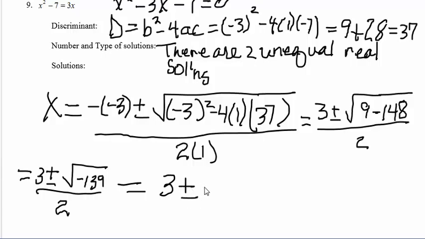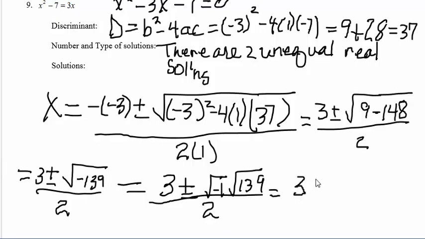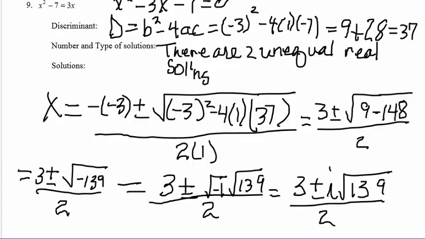So we write this as 3 plus or minus the square root of negative 1 times the square root of 139 all over 2. So this is 3 plus or minus i times the square root of 139 all over 2.